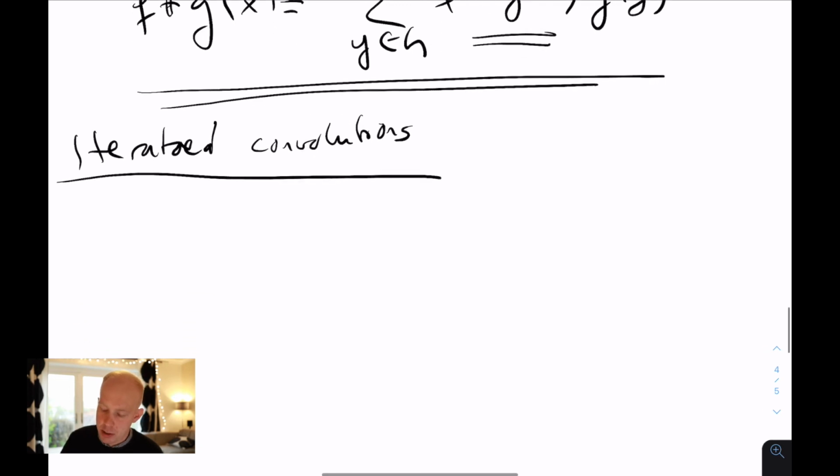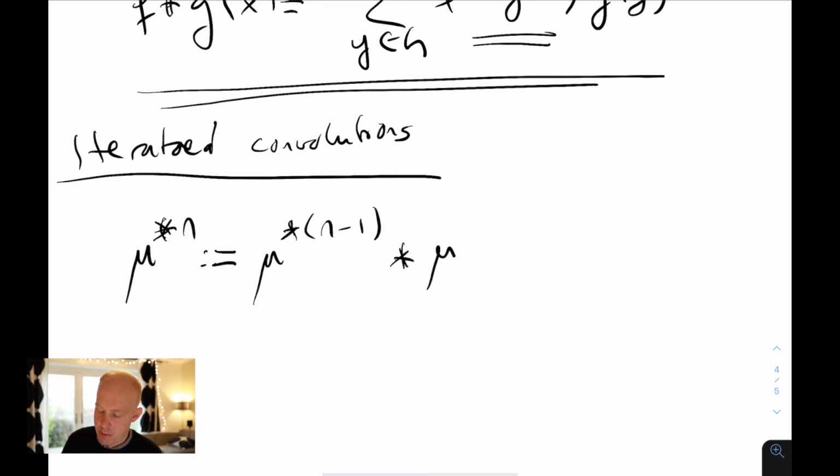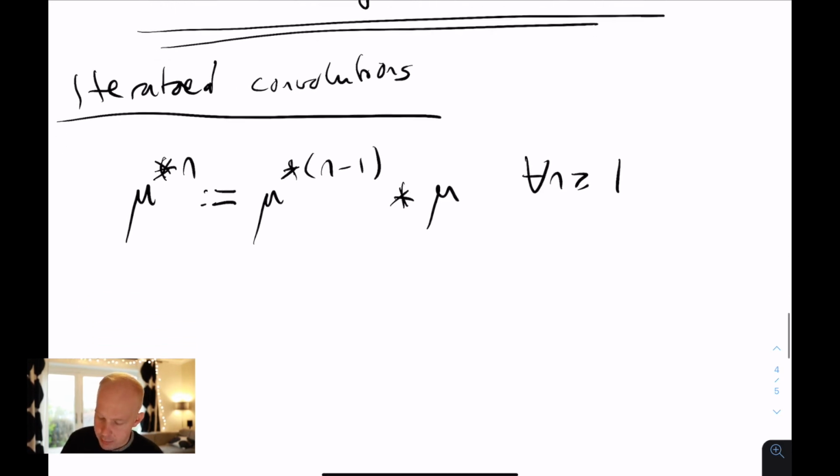In the same way, you could take the mu star n of a probability distribution. We define it to be mu star n minus 1 convolved with mu, for any n at least 1, and here we define mu star 0 to be the Dirac mass at the identity element.